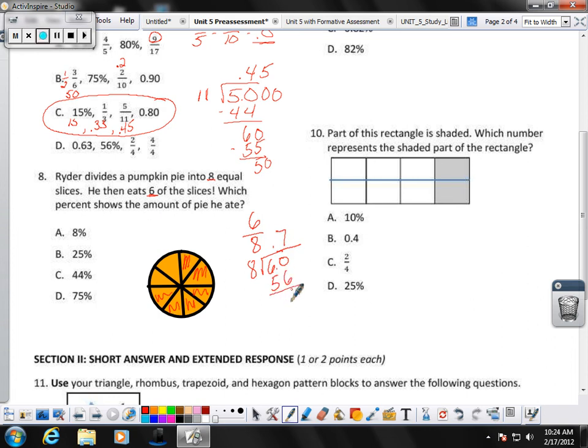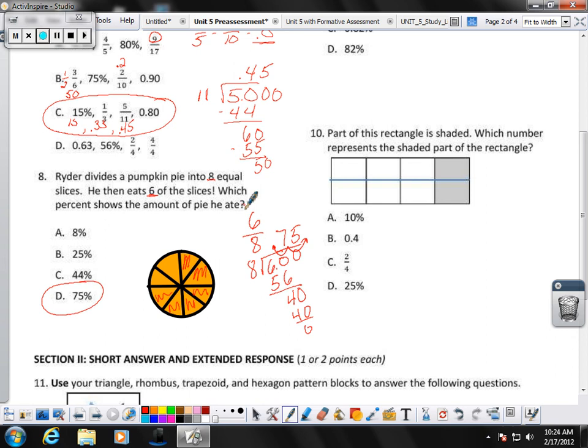I subtract. I get 4. Add a 0. Bring it down. 8 goes into 40 5 times. So my answer should be 0.75, which I know to convert a decimal into a percent, all you got to do is move the decimal 2 places, and the answer would be 75%.